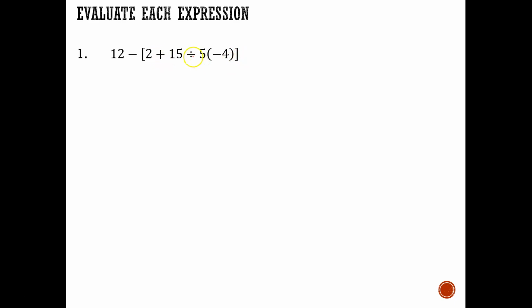We've got addition, division, multiplication. So we know that multiply and divide comes before the addition. So it's one of these two that's going to come first. And then the rule that we just talked about, with these two operations, it's left to right. So since the division is left of the multiplication, then that's what we're going to do first.